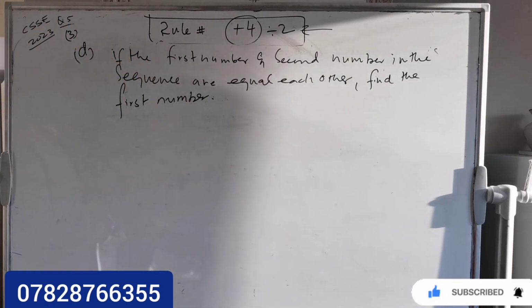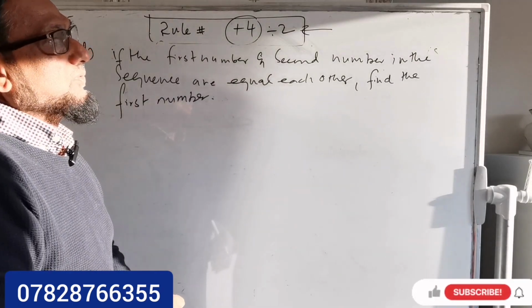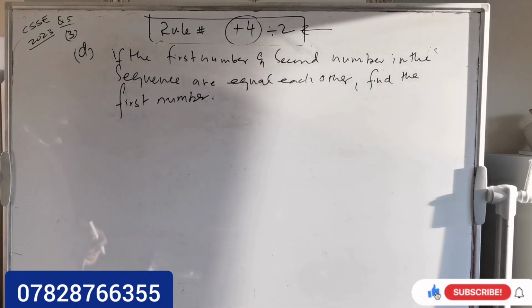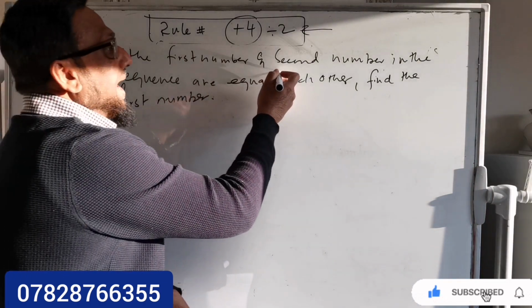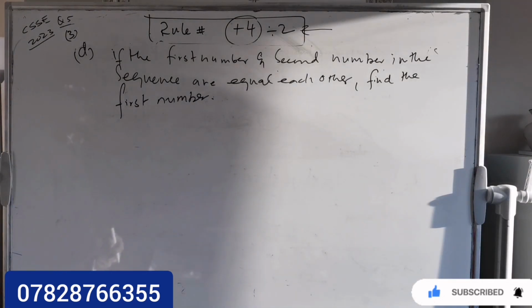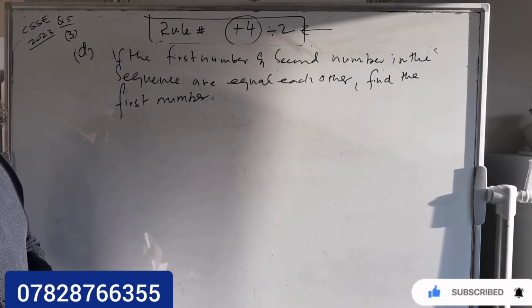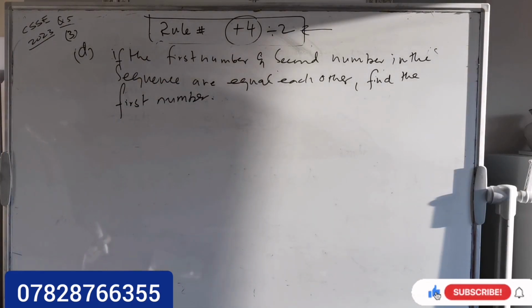Okay, question number 5, CSSE 2023. We already explained the first 4 parts in the last 3 videos, so this is the final part. If the first number and the second number in the sequence are equal to each other, find the first number. This question is basically based on an algebraic expression.